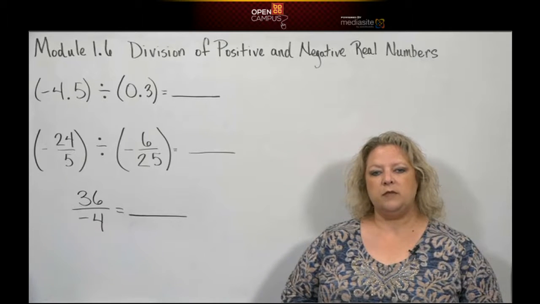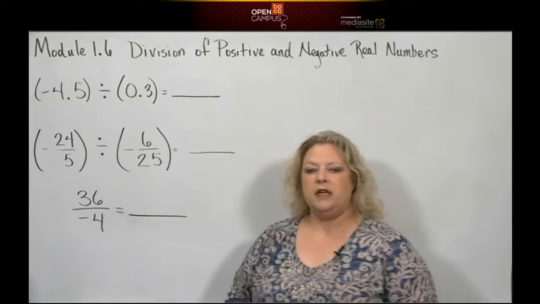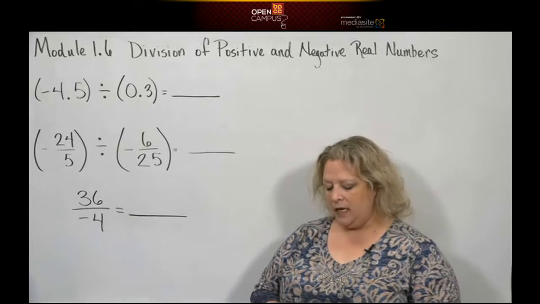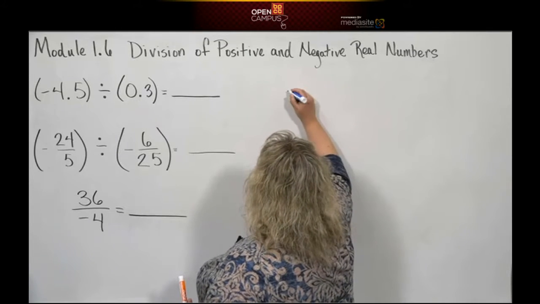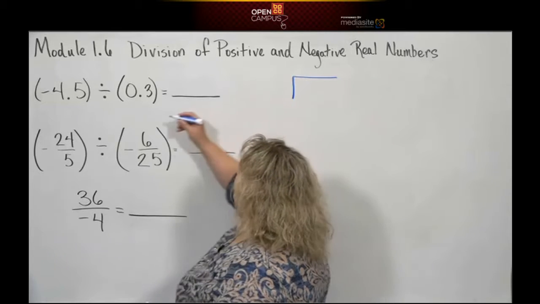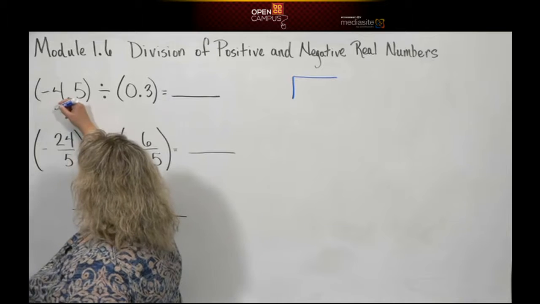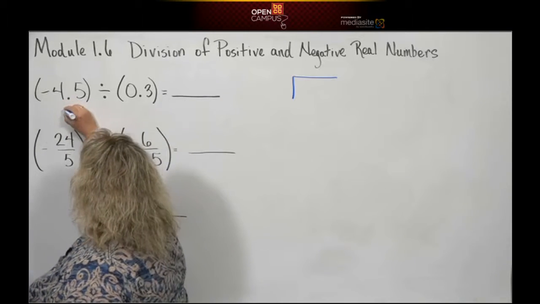So now let's do some examples to prove that. We have division: negative 4.5 divided by positive 0.3. So we're going to write it down. And when you write it down, the number on the left goes in the house. We call the division symbol a house in layman's terms.